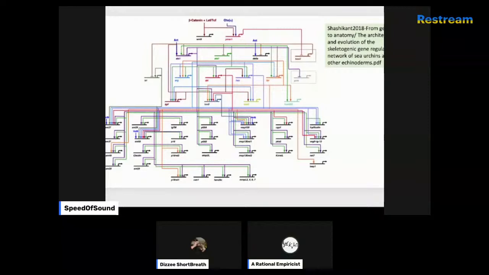I don't know what to do about that. Who knows? It's a large regulatory network. Yeah, so let's see if I can make this a little smaller. And that ain't working. Why ain't that working? I don't understand. Oh, I know why.